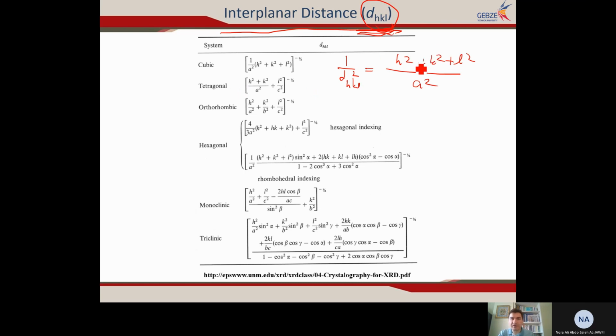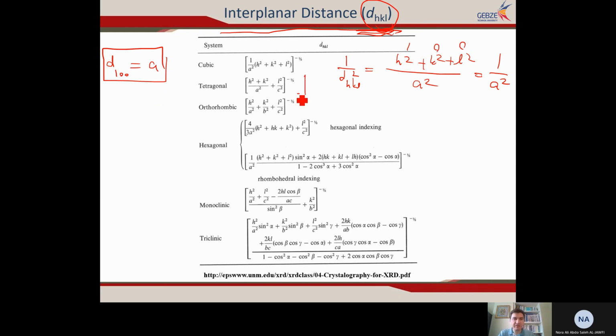You can imagine if you are looking for HKL 100, then you put 1 here, 0 here, 0 here, and you will have 1 over A squared. Then d will be equal to the lattice parameter in cubic structures.